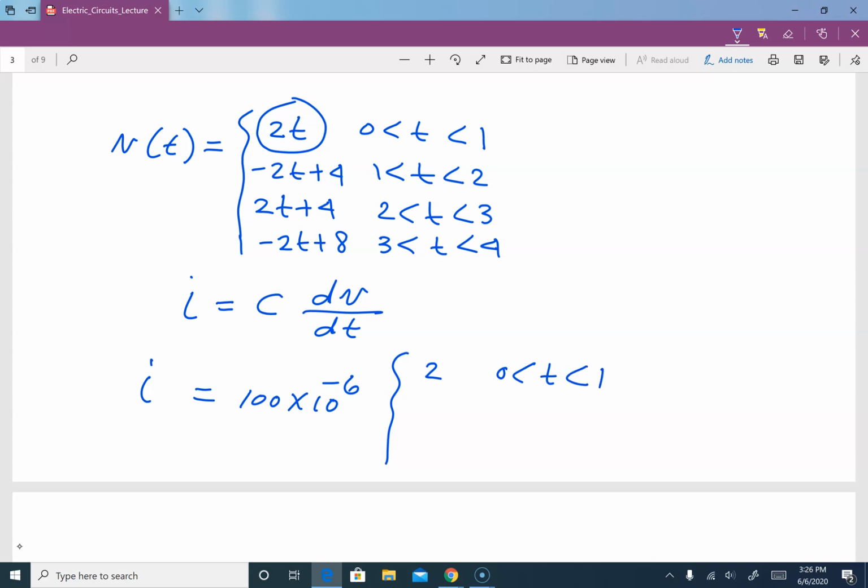And then for the second one, negative 2t plus 4 will become negative 2. And then 2t minus 4 will become 2. And then the last one is negative 2.